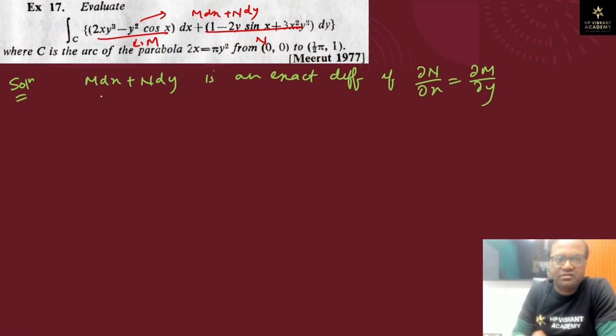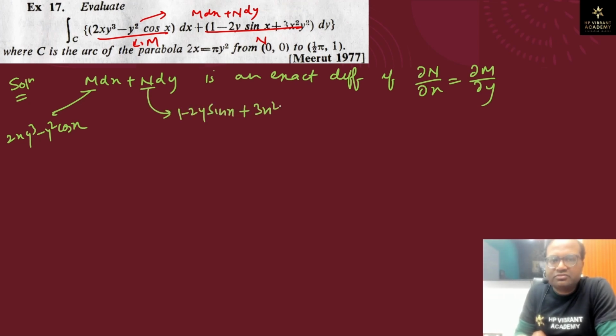So let us find. We have the value of M as 2xy cube minus y square cos x. Value of N is 1 minus 2y sin x plus 3x square y square. So we have del N upon del x. Let us differentiate this with respect to x. So this is minus 2y cos x plus 6x y square.